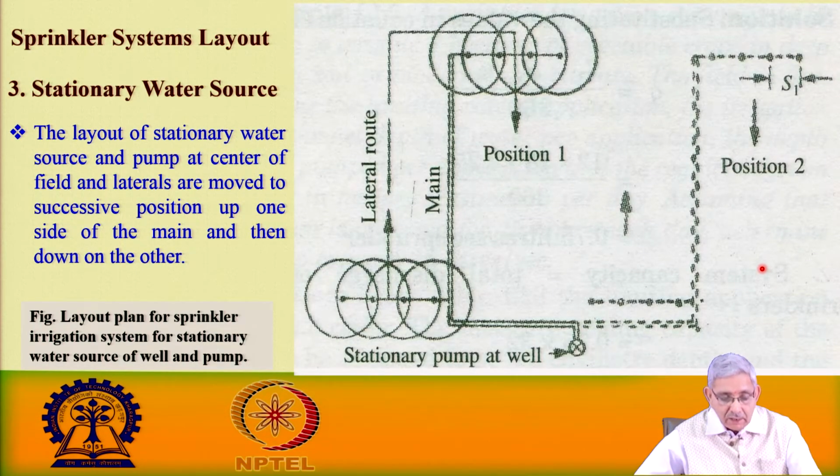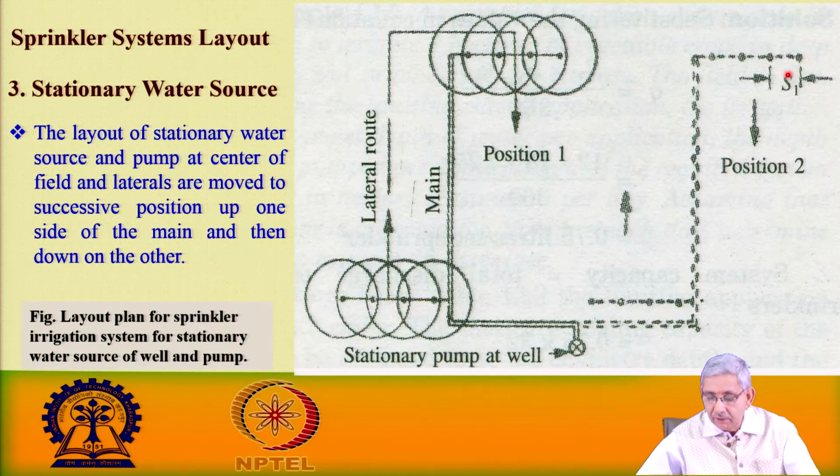Now, commonly we are using this kind of situation, which I explained there, more or less the same kind of thing, but here the source of water supply is the main consideration, rather than slopes. If the source of water is stationary, let us say here there is a well located at the center of the field.